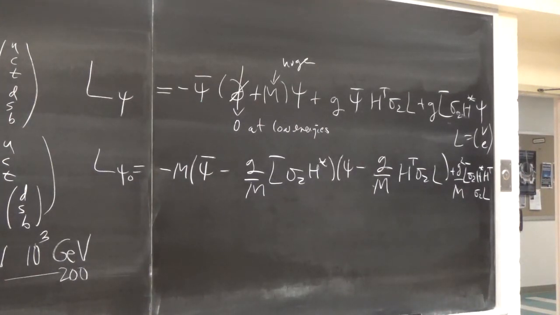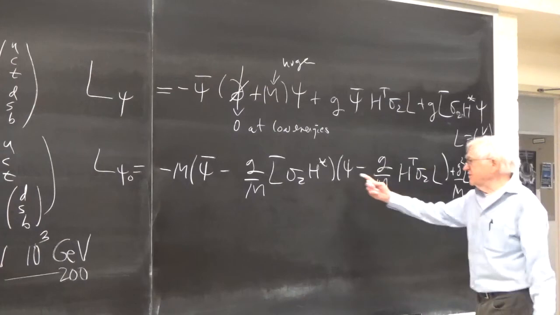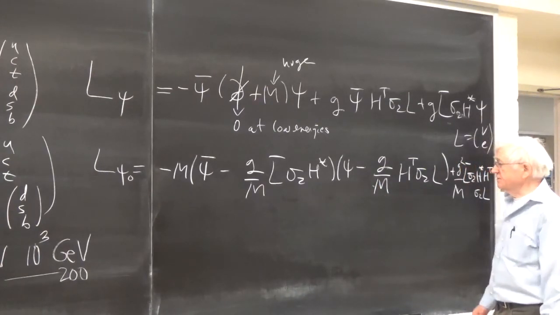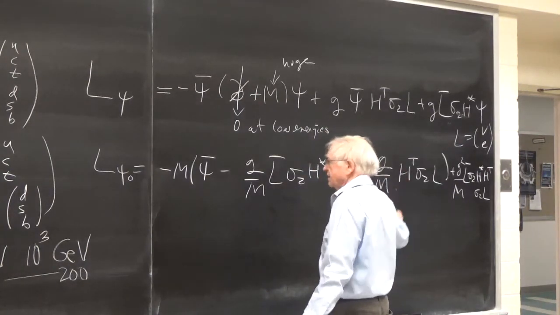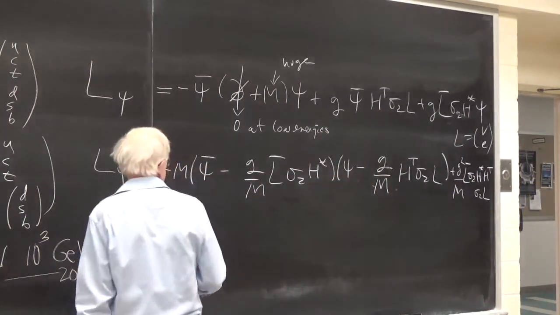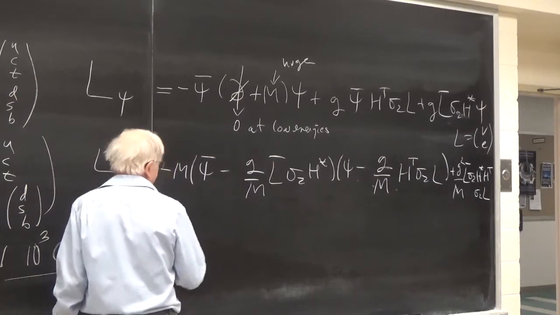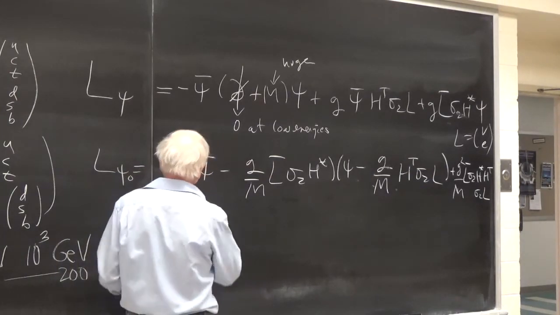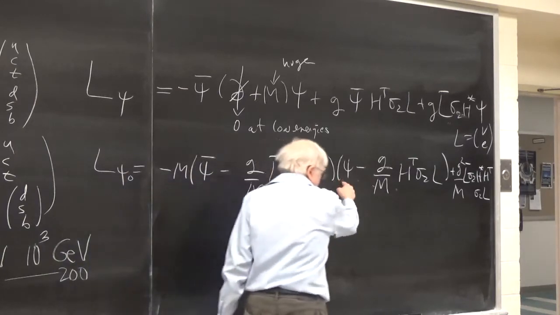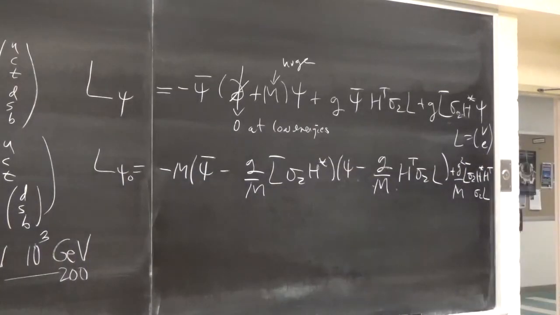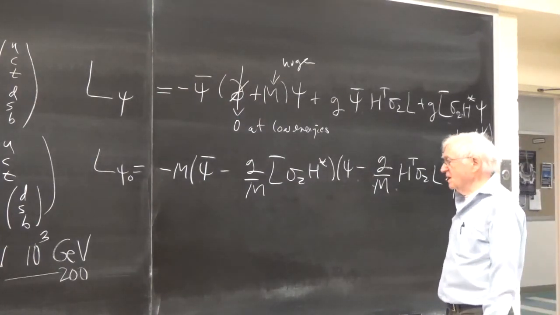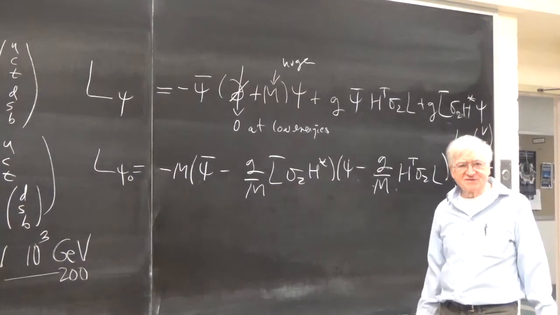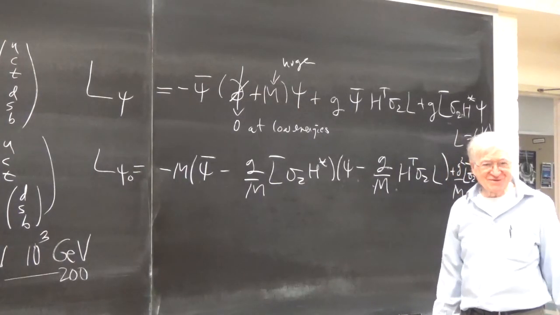Now we integrate over the heavy field, and the first thing we do is shift psi by that, and that means we just integrate that. After the shift, this just becomes minus M psi bar psi. Then the path integral over the Fermi field just gives us a field-independent constant, lots of i's, factors of square root 2, and so forth.